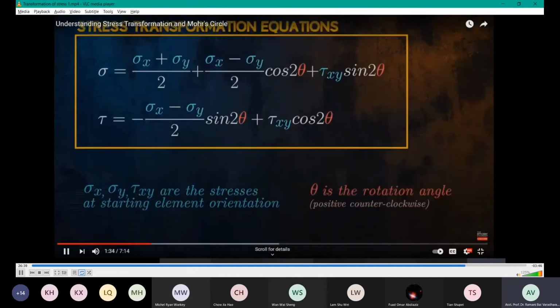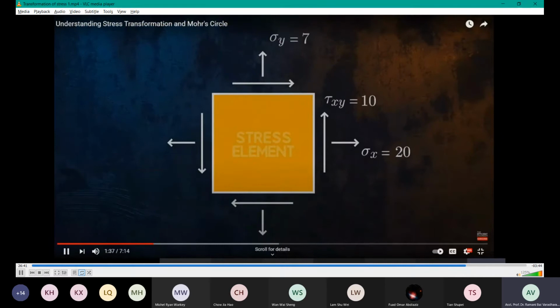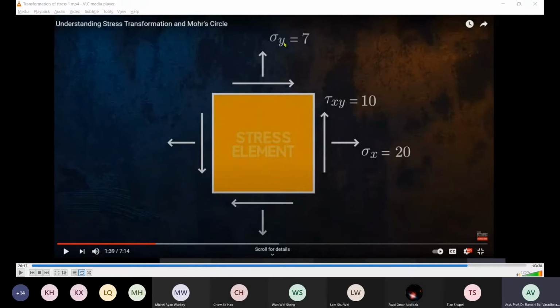An example of stress transformation for the stress state described by the stress element shown here. All of you note this value. This is 20. This is 10. Can you hear me? So far you have gone through the theoretical point of view in analyzing the stresses on the plane.